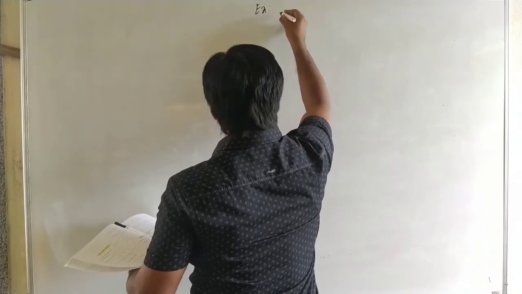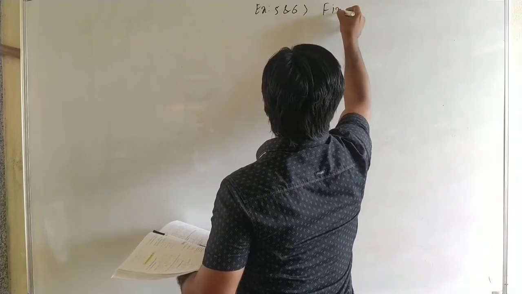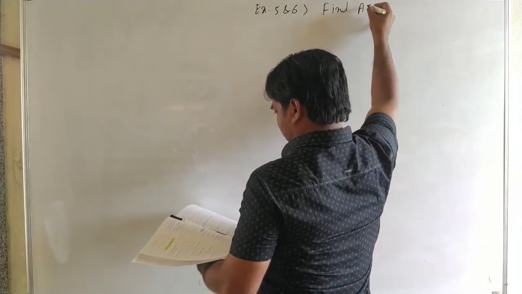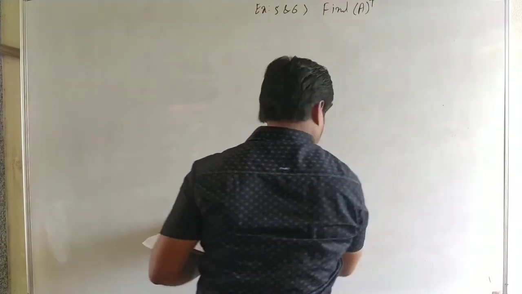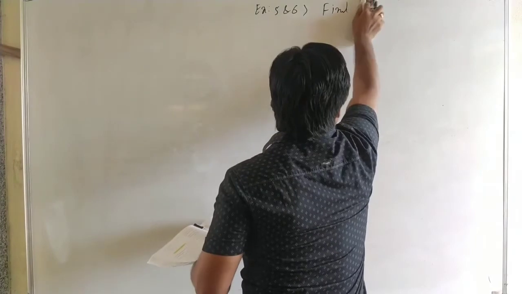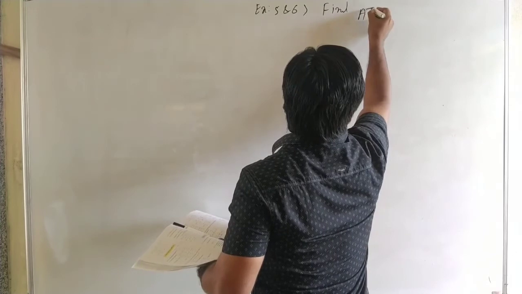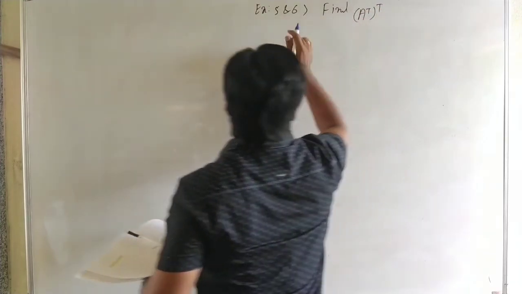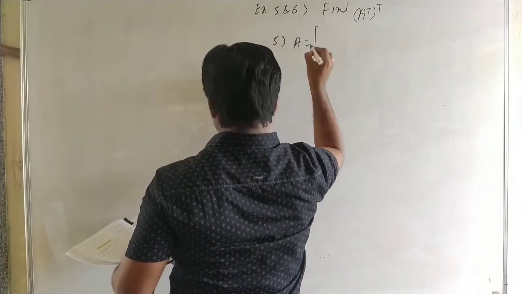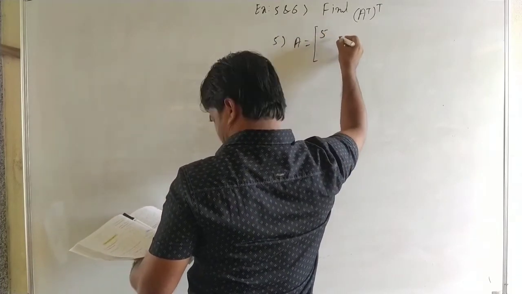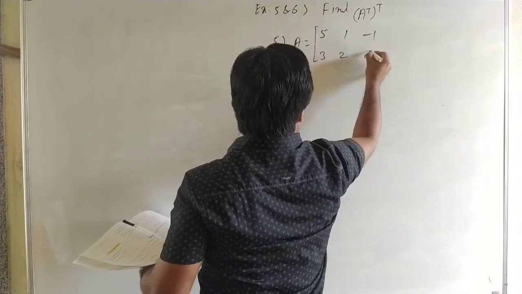Now next, example number 5 and 6. We can take the 5 and 6. Find A transpose of transpose. Here the fifth example is 5, 1, minus 1, 3, 2 and 0.